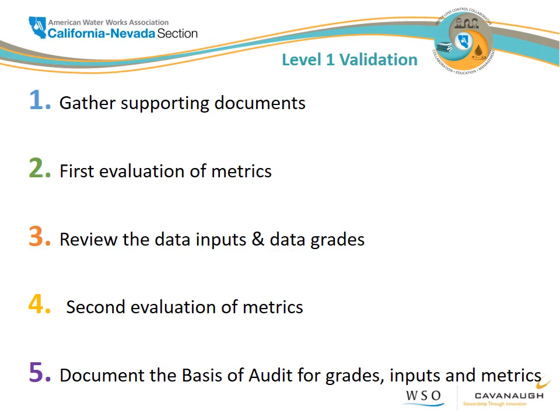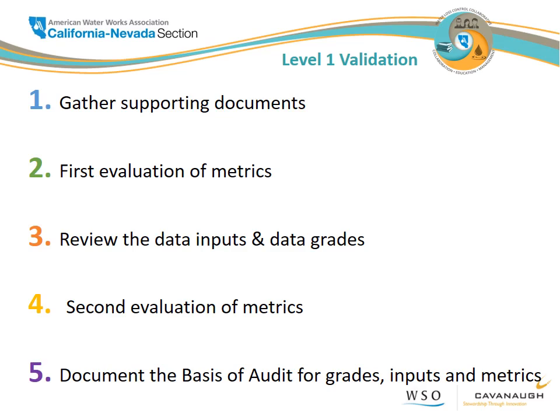So summed up in 5 clean steps, first thing we have to do is gather all the supporting documents. It's real tough to assess the integrity of a given number if we don't have any of the information behind that given number. So that one's pretty straightforward. Second thing we do once we have the audit populated is to do a first evaluation of the metrics.